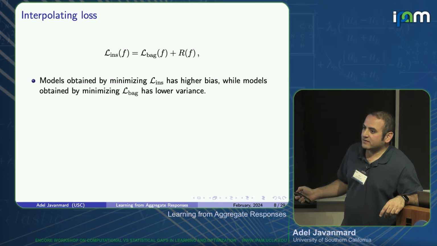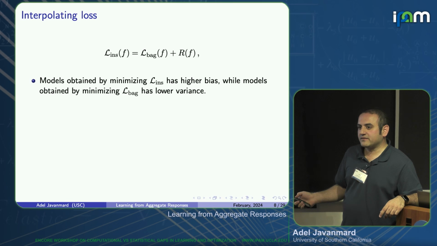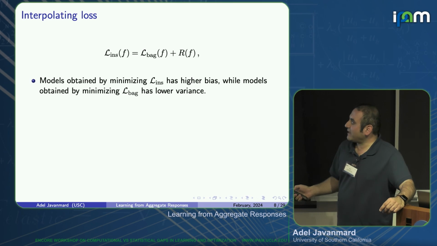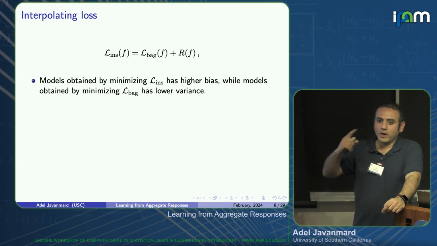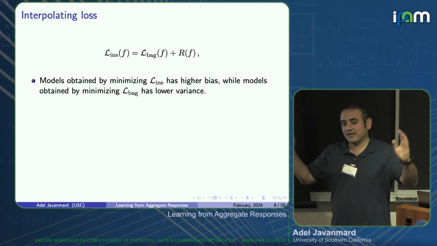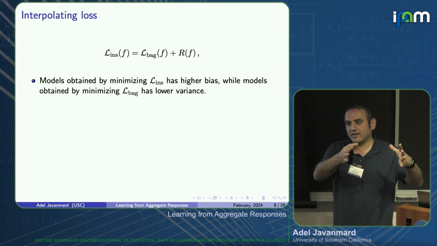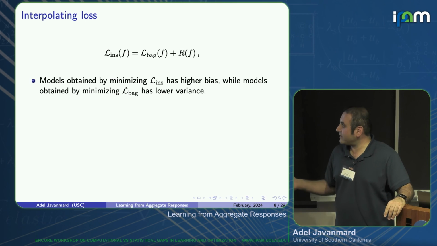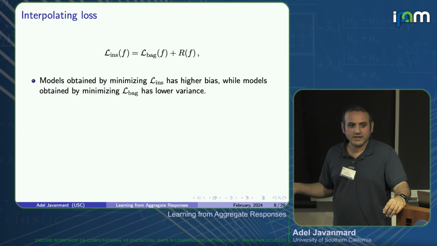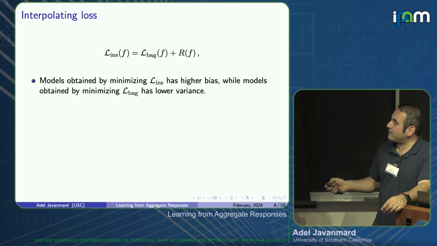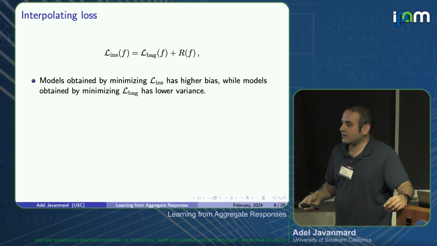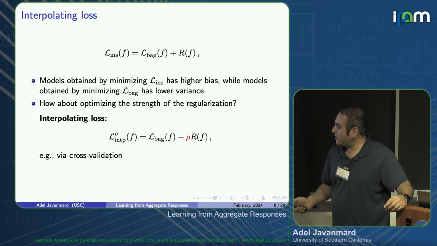But if you go with the bag level, probably the bias is lower, but you have higher variance. And for the bag level, again, recall that we have only one sample per bag. So you have n samples, but you are forming a loss over the bags. So your effective number of samples is much smaller than n, right? So because of that, the bag level would have a higher variance. Okay? So we want to formalize this intuition and see whether it's true or not.